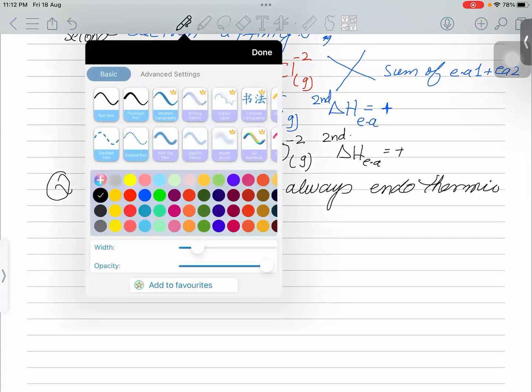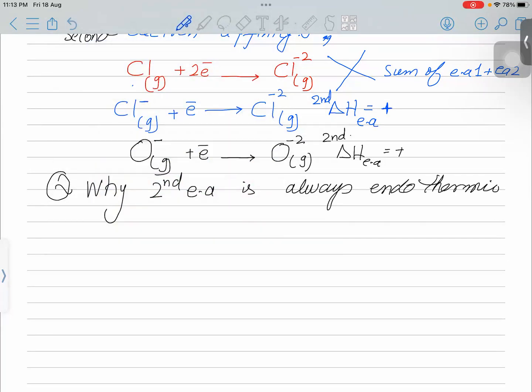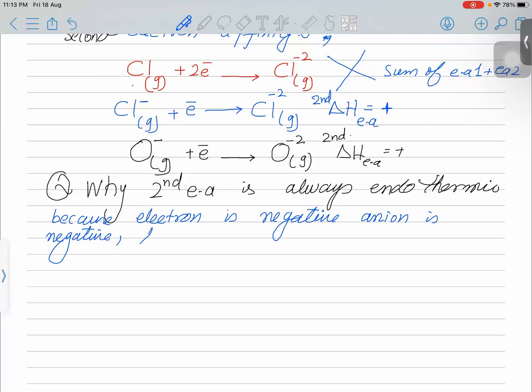Yes. Okay. So why is second electron affinity always endothermic? Because the electron is negative, the anion is negative, they repel each other.